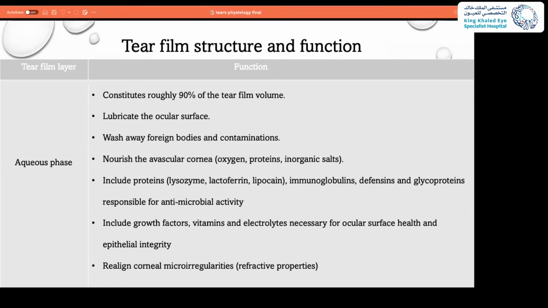It includes the growth factors, vitamins, and electrolytes necessary for ocular surface health and epithelial integrity. It realigns corneal microirregularity, which plays a main role in maintaining the refractive power of the cornea.